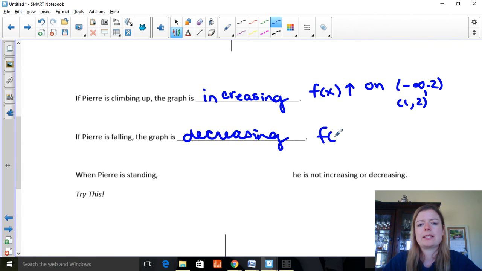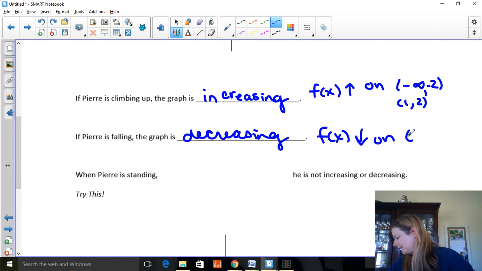So f(x) is decreasing, and again you can just do a down arrow on the interval -2 to 1.